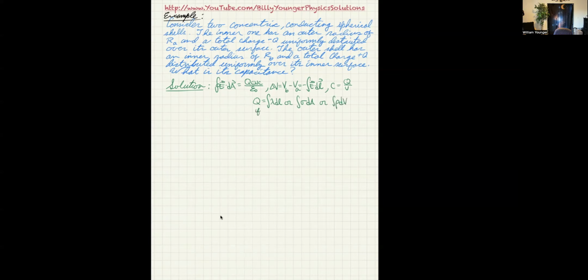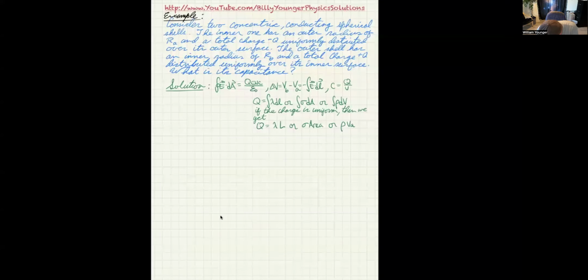And if the charge is uniform, then we get Q is equal to lambda times L, or sigma times area, or rho times volume. So I just want to point that out again.